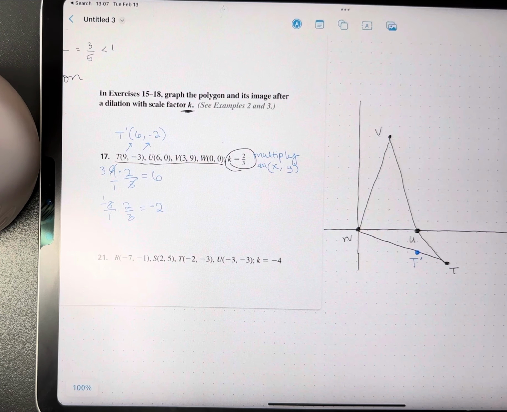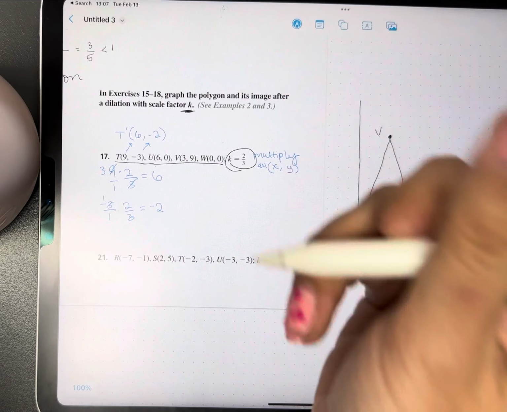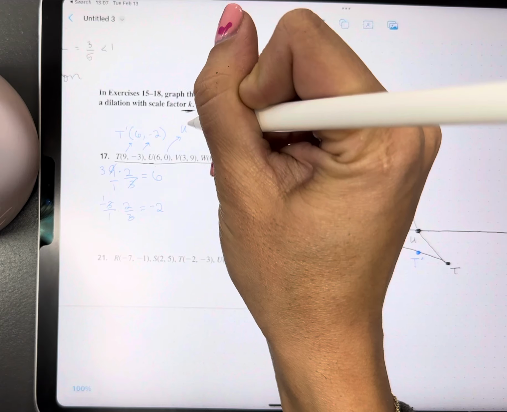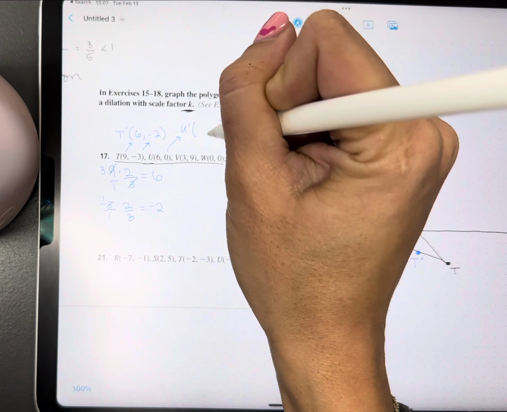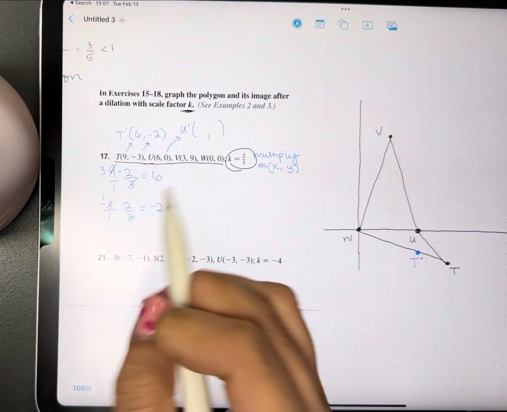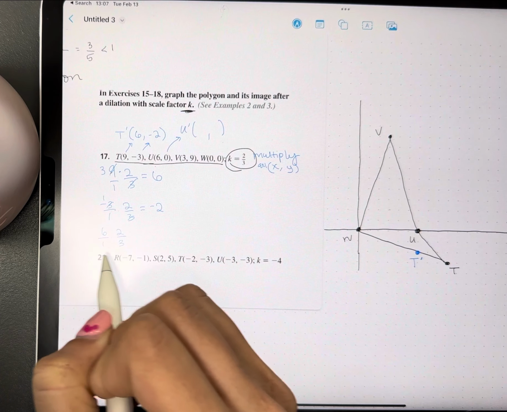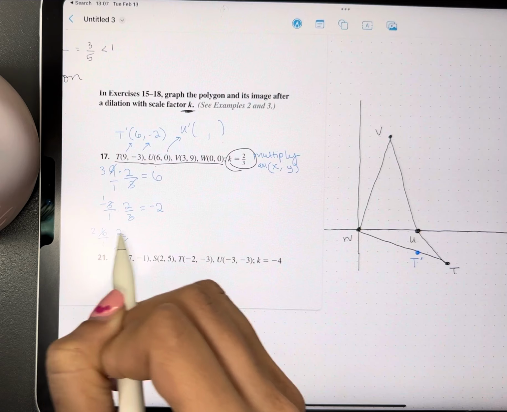Okay. And then we're just going to keep going this way. Luckily, we've got some zeros coming. Those are going to be easier to multiply. So U prime is going to be 6 times 2/3, which is 4.